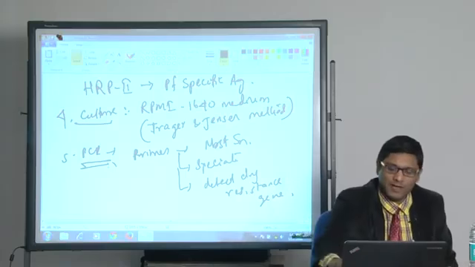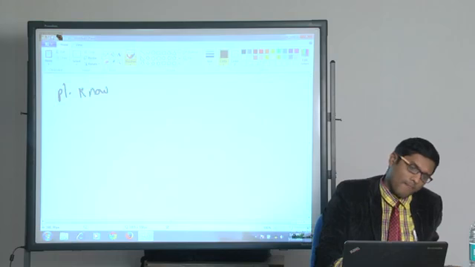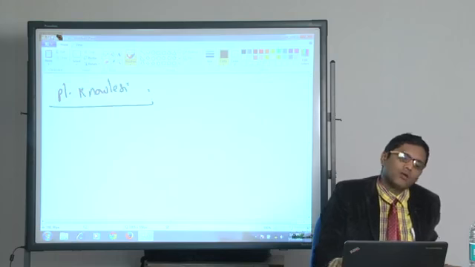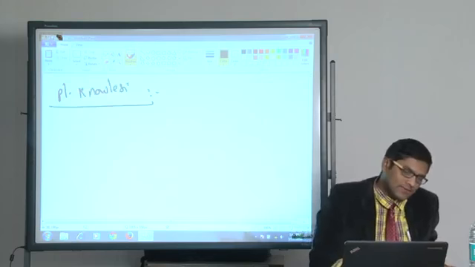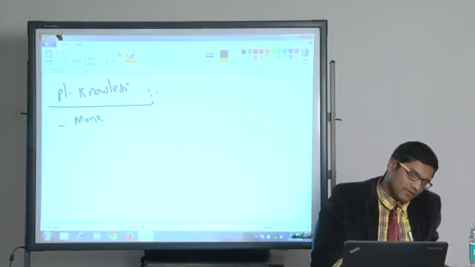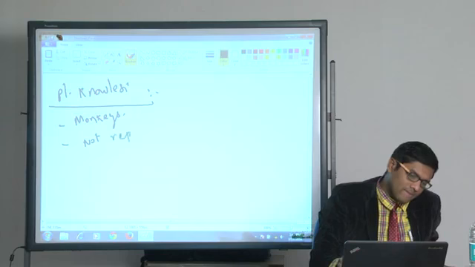Okay, then a bit about Plasmodium knowlesi. Plasmodium knowlesi is the latest species discovered. It is a parasite of monkey. It usually infects monkeys. Not reported in India yet.